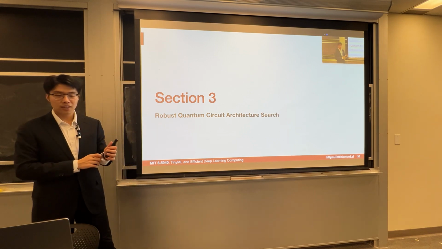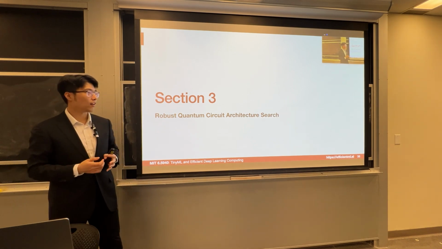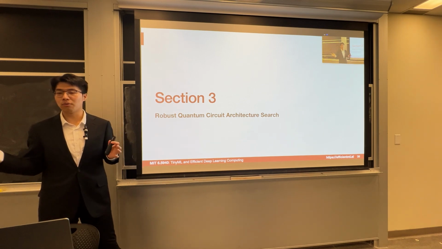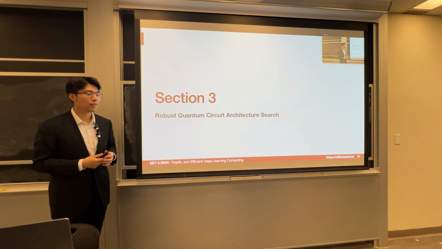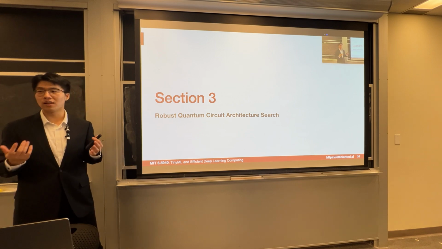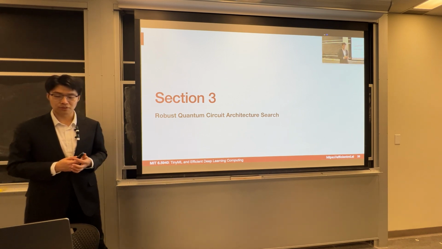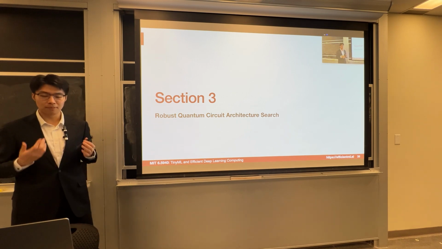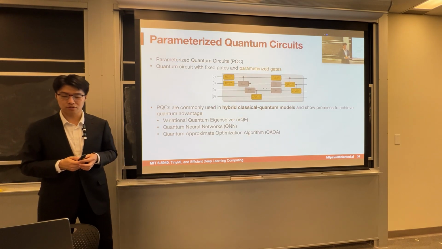After that, we also need to decide the circuit structure, like the architecture: how many gates we want to use, what kind of basis operation we want to use, and what the locations of those gates are. So here we are introducing a very robust and scalable circuit architecture search method.